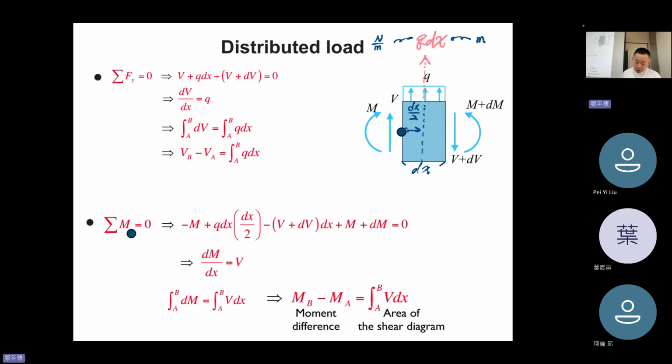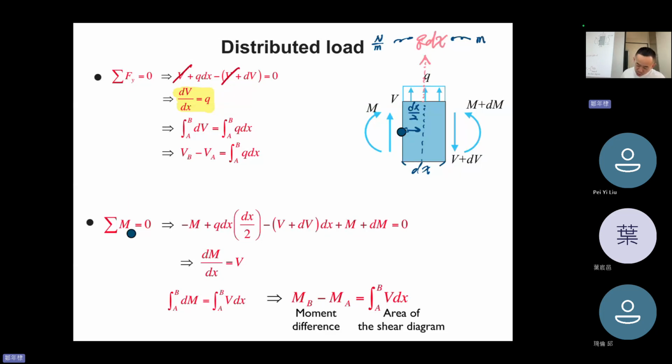All right, so after you cancel, you will obtain dV over dx equal to Q. What does that mean? dV over dx equal to Q. What does that mean? Okay, I will write down what that means.